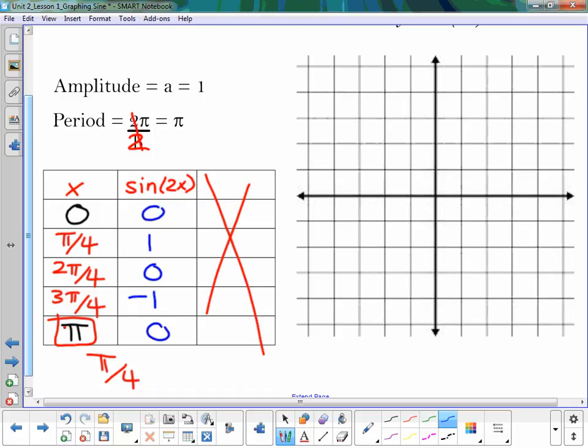Okay, so that you can see how this changed the graph, I'm going to try and fit it. So that's where pi was on my original graph. So 3 pi over 4 is somewhere around there. This would be 2 pi over 4, pi over 4 somewhere around there.